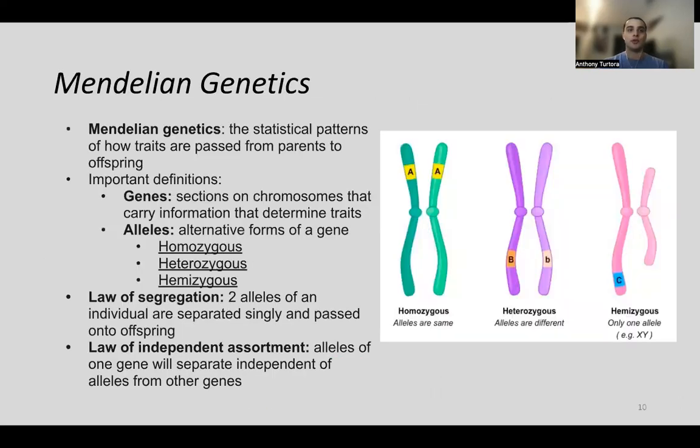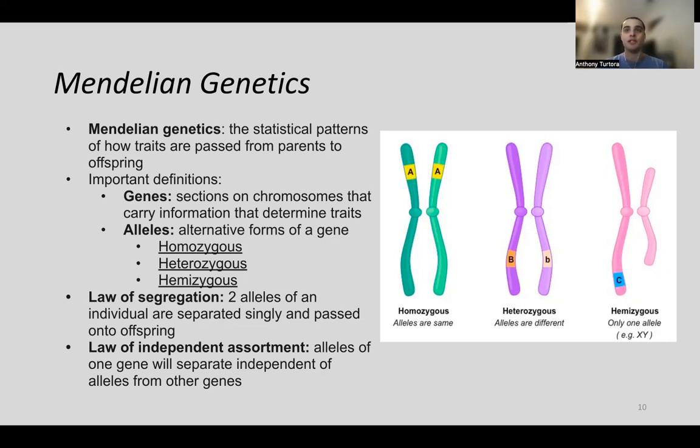So now we'll go over a little bit about Mendelian genetics and the concept behind getting the answer from the Punnett square. Most of us know about Gregor Mendel, who was the monk that studied inheritance patterns in pea plants. Mendelian genetics is the statistical patterns of how traits are passed on from parents to offspring.